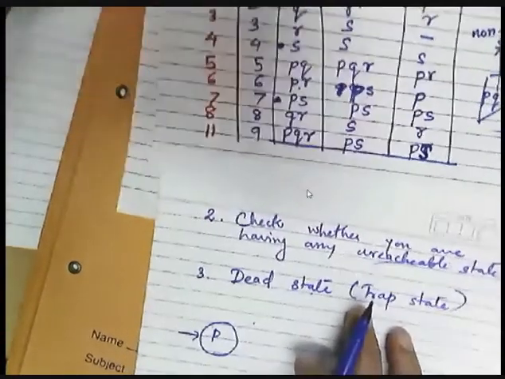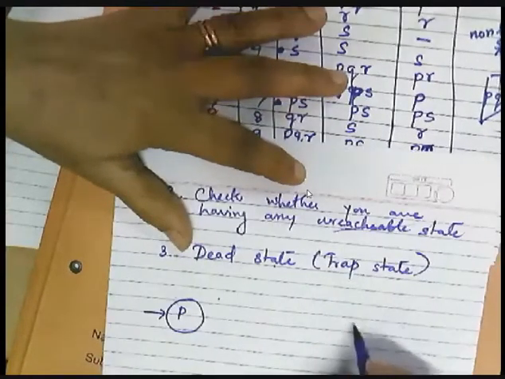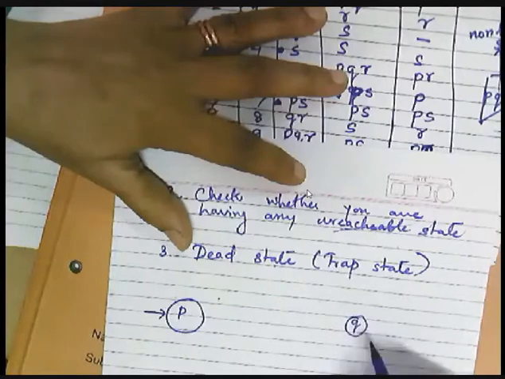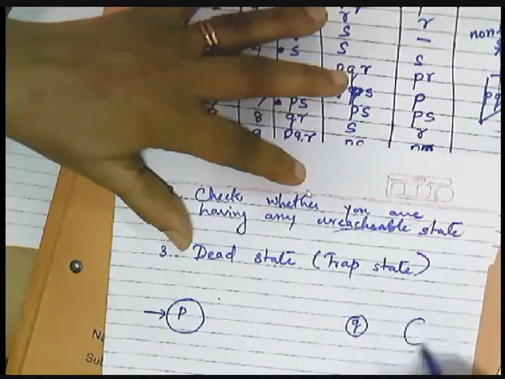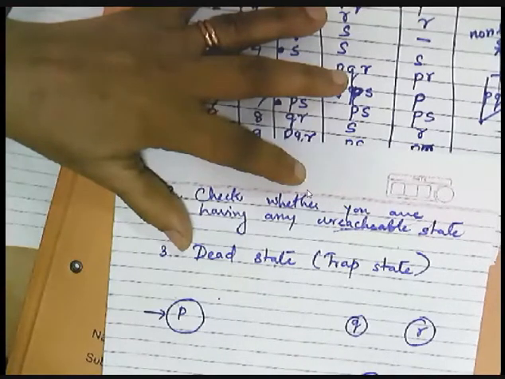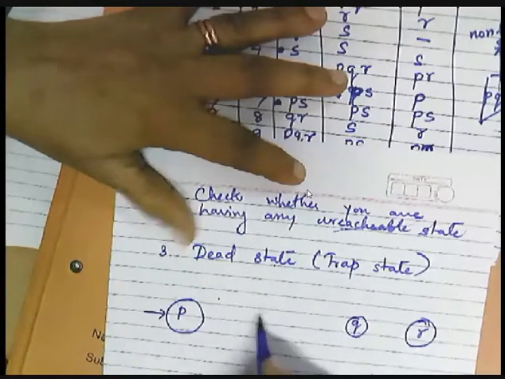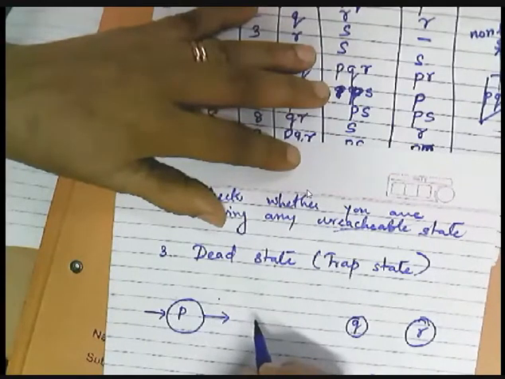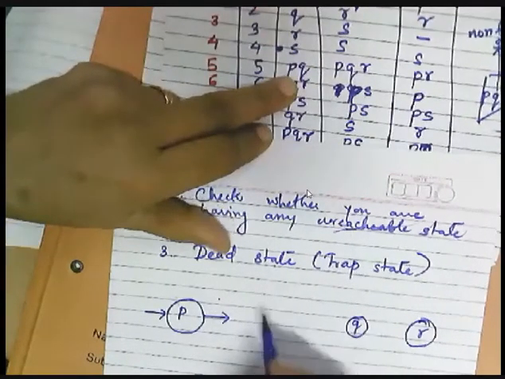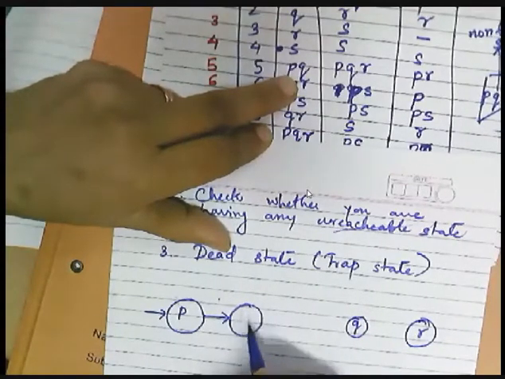So P, Q, R, S. So this is my Q, this is my R, and this is my S. Okay, so PQRS states are there. Now I am making a transition. P is moving to the fifth state, which is the PQ state, right? So it is PQ.